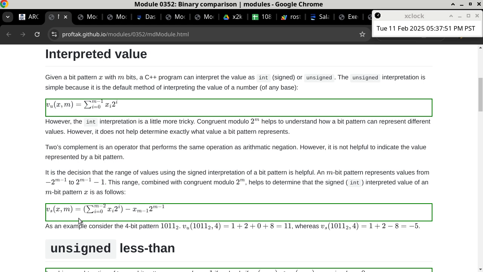Because these are signed and unsigned integers, we don't have fractions to deal with. So that means we start with digit 0, and that's why the index variable I starts with 0 and goes all the way up to only m minus 1, because that would give me exactly m digits. Are there any questions about this?